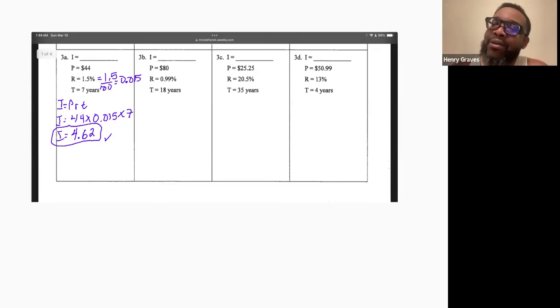Okay, so here, this one again, you're going to do the same thing. 99.99 divided by 100. Let me see what I get when I do that. 0.99 divided by 100. Oh, Lord, that is ridiculously small. That is 0.0099. So I'm going to put all that on my calculator. I is equal to PRT.